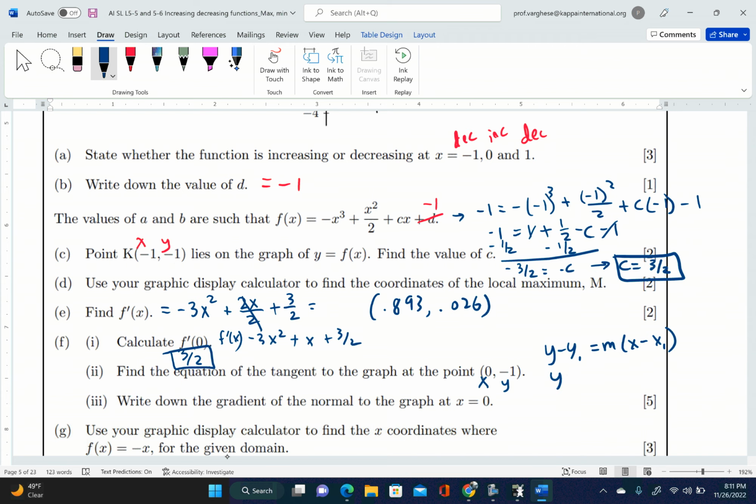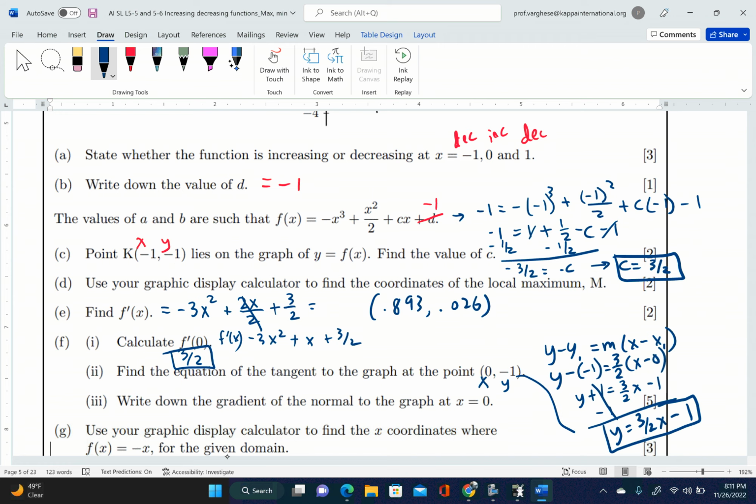I have y minus, my y1 is -1, is equal to, I just found out up here that my slope at 0 is 3/2, so 3/2 times (x minus 0). Negative negative is a positive, so y plus 1 is equal to 3/2 x, and 3/2 times 0, I don't need to write that down. Minus 1 on both sides, and I'm left with y is equal to 3/2 x minus 1 is the equation of my line.